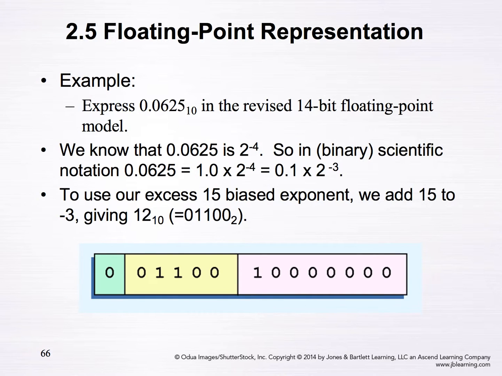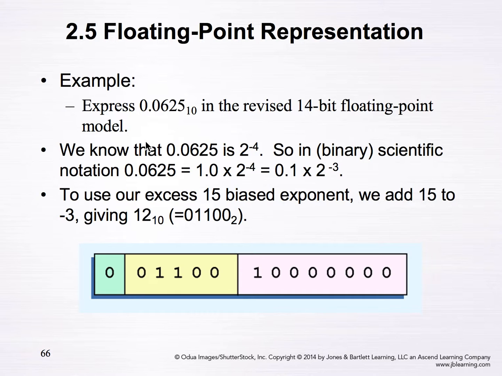Now another example. For example, now we want to represent the number 0.0625 in decimal using the revised 14-bit floating point model. The first step is that we transform this decimal number into binary representation.